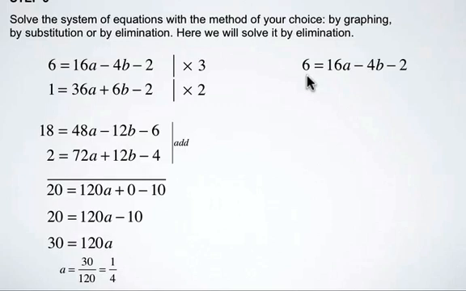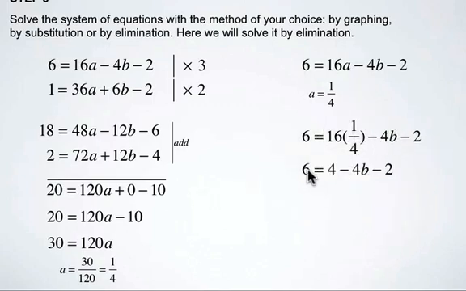Going back to the first one, 6 equals 16a minus 4b minus 2. We'll now substitute in the a value. 6 equals 16 times 1/4 minus 4b minus 2. Now what we'll do is we'll isolate the b and find out what our b value will be.